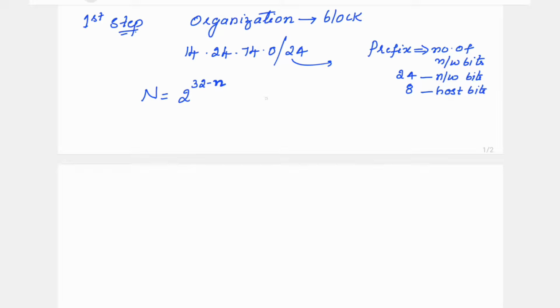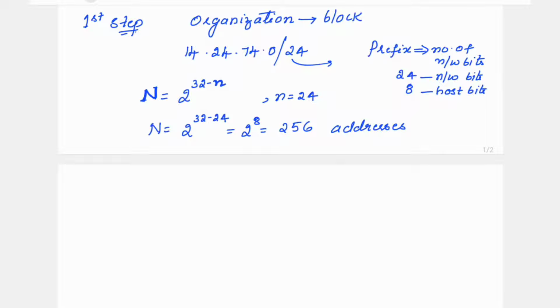The network bits you always write with lowercase n, and the number of IP addresses or hosts you write with uppercase N. So the network bits given in the problem is 24, N equals 2 to the power of 32 minus 24, which is 2 to the power of 8, which equals 256. So 256 IP addresses are possible.